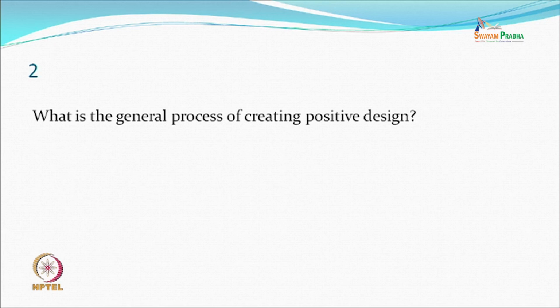I have just tried to modify the question in a way that covers 1 or 2 responses from different people. What is the general process of creating a positive design, whether it is roller printing, rotary printing, lithographic printing or any other printing? What you have to see is what is finally happening.